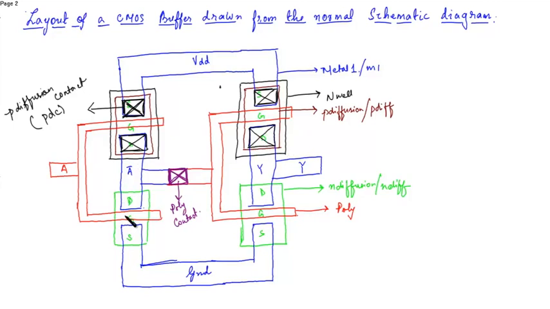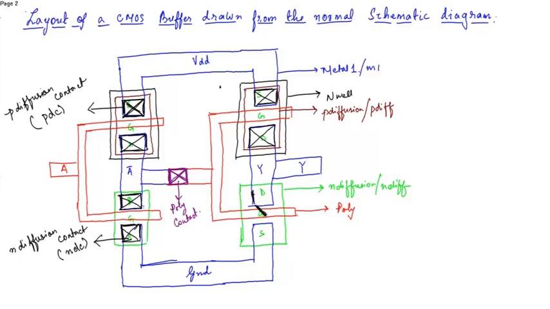Now the N diffusion layer has to be connected with the metal layer, so you have to place an N diffusion contact, or say NDC contact.